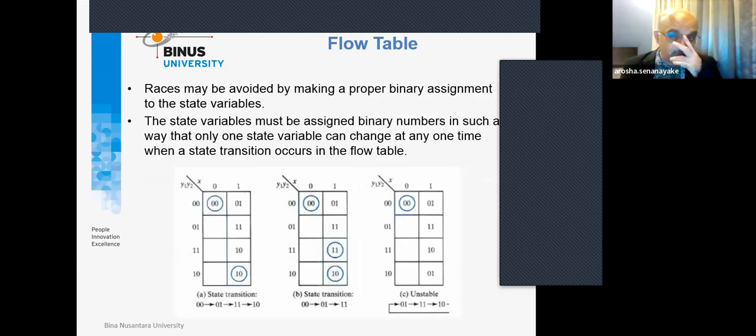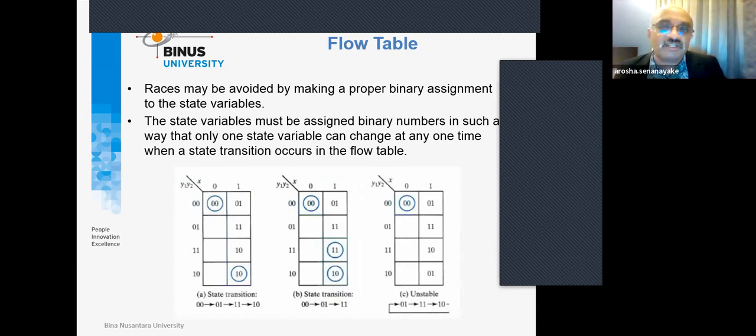Race conditions you can usually avoid by proper binary assignment to the state variables, and that leads to no problems when it comes to race conditions as such.